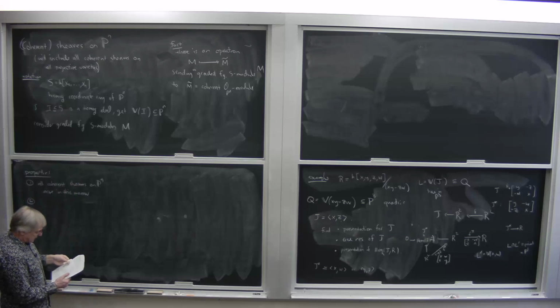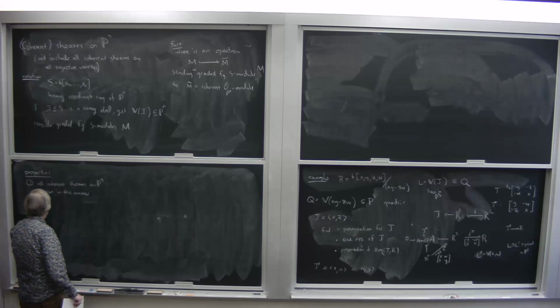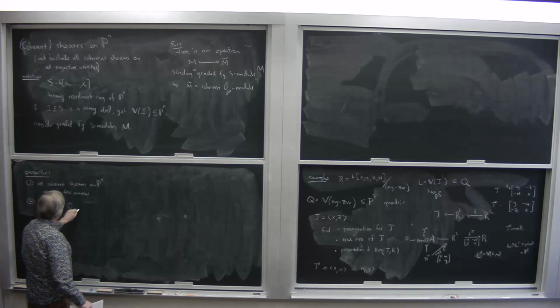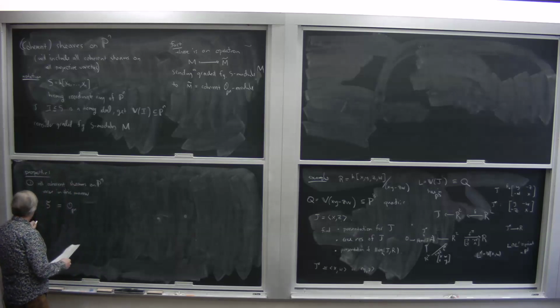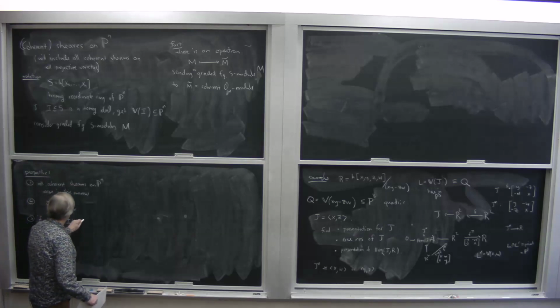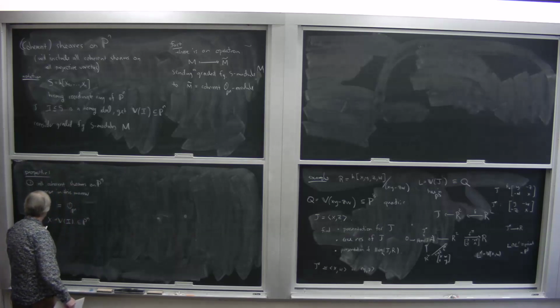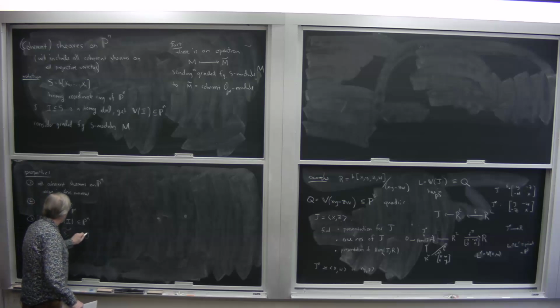There are other properties that are important, but first I want to say what some modules map to. If I do S tilde, that is O of Pn. So this is the sheaf of rings of projective space. If X is equal to the zero set of I, contained in Pn, then S mod I tilde is equal to O_X.